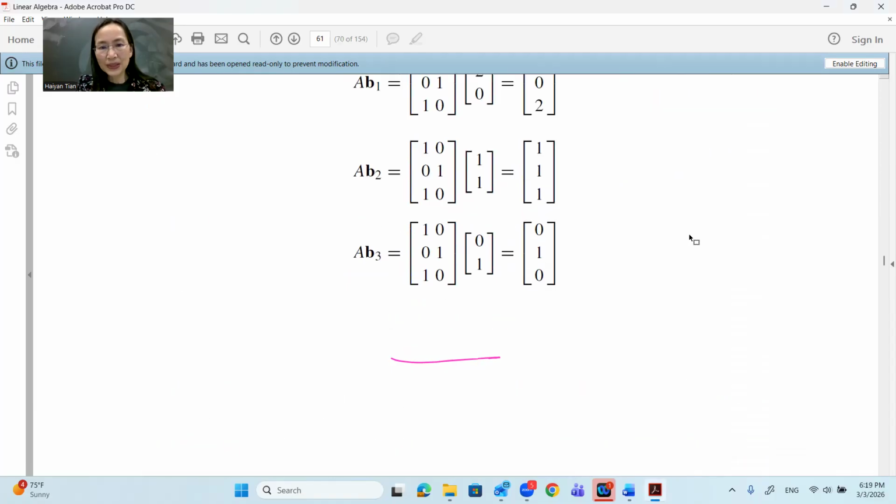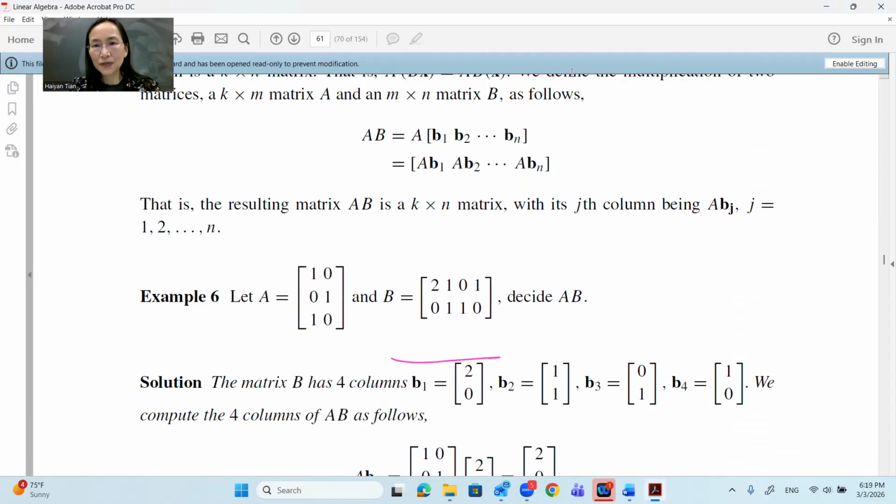When you do this, be careful. In this case, A is 3 by 2. The B is 2 by 4. And you see these two numbers must be the same. For A times B, the second matrix's row number must be equal to the first matrix's column number.